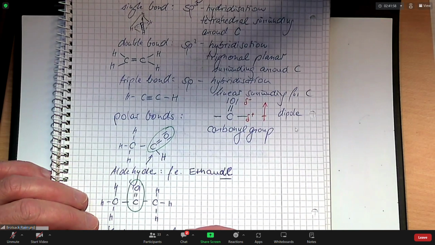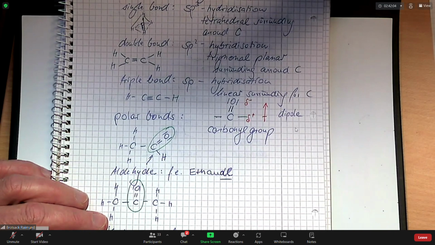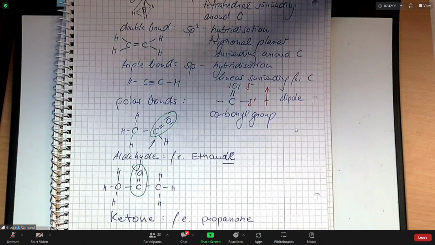And in our example, it is propanone. This works only with 3 or more carbons. Otherwise, it cannot be anywhere else. So aldehydes and ketones.